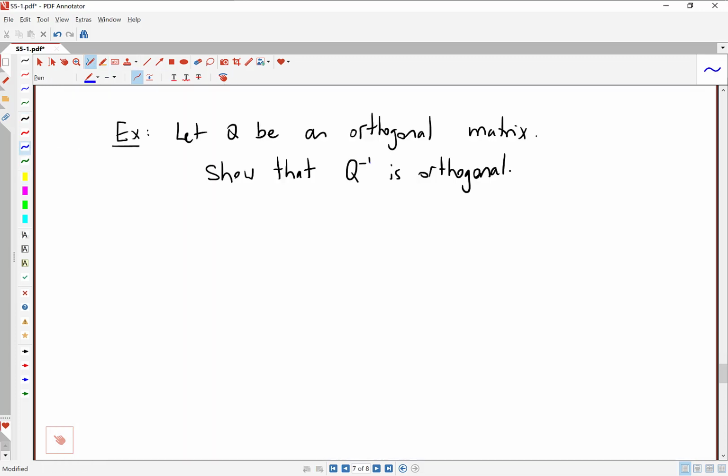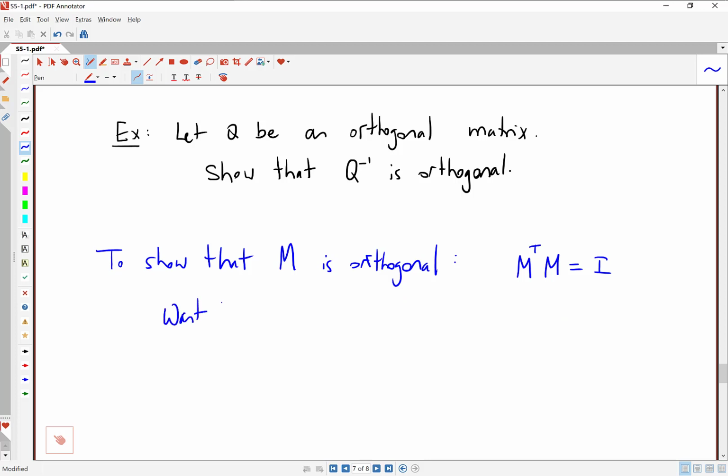So let's let Q be an orthogonal matrix. We are going to show that Q inverse is also an orthogonal matrix. So let's think about what it means to show that any matrix, let's say M, is orthogonal. Just by the fact that we wrote down a few minutes ago, the equation that encodes that a matrix is orthogonal is that your matrix transpose times the matrix itself is equal to the identity matrix.